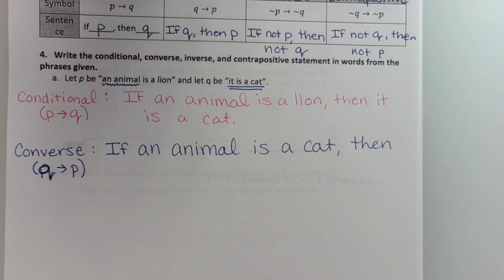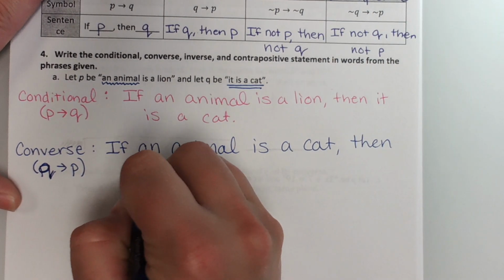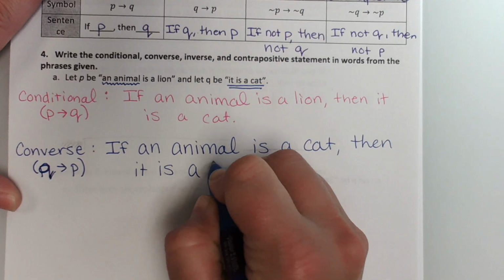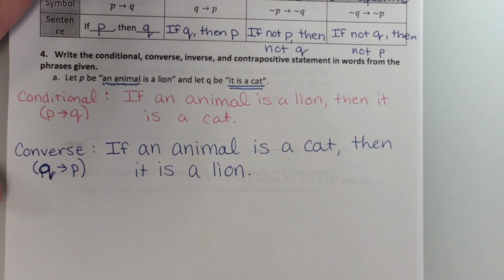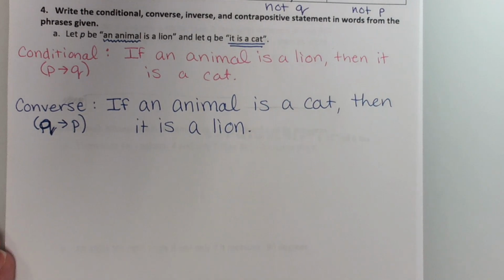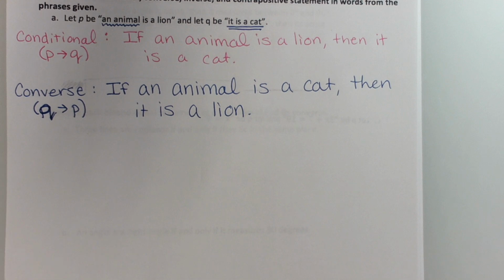If it is a cat, then, flipping around our P and our Q, we are allowed to say, or at least it says we should say, then it is a lion. Now the first one, the conditional statement, we said was true.